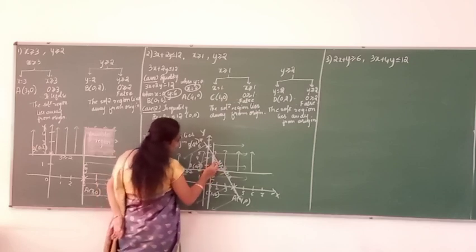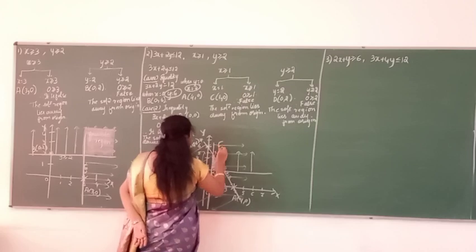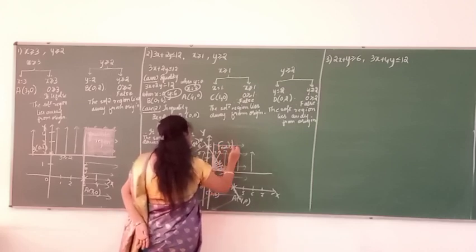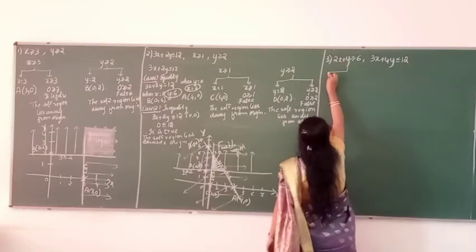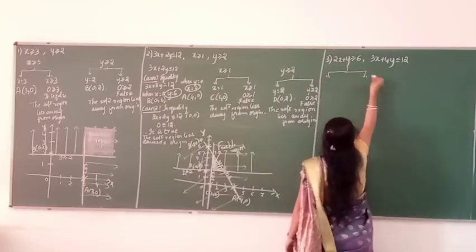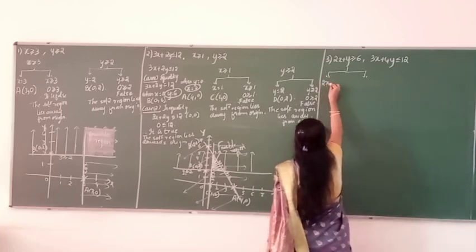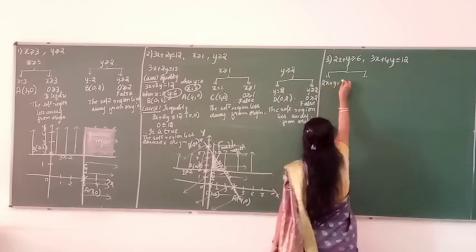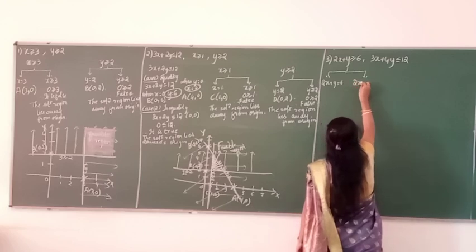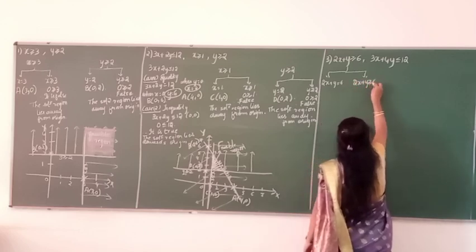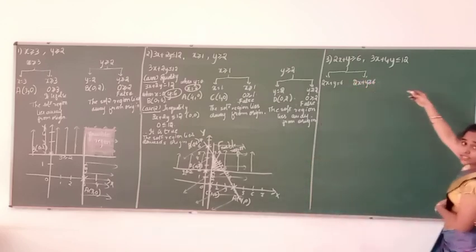So this you can write as, here it will be 2x plus y is equal to 6 and 2x plus y is greater than or equal to 6. This is your first inequality.